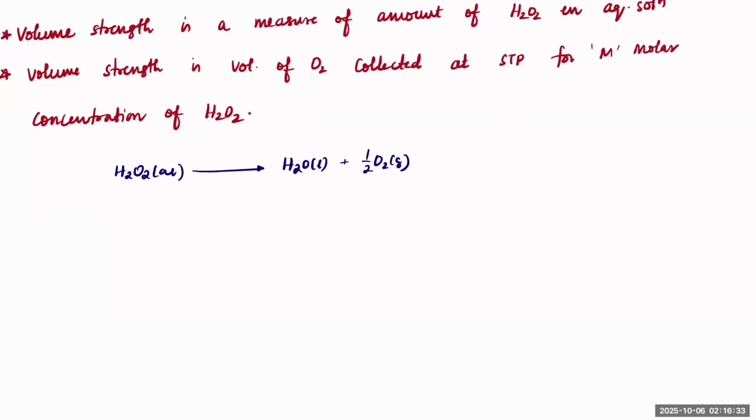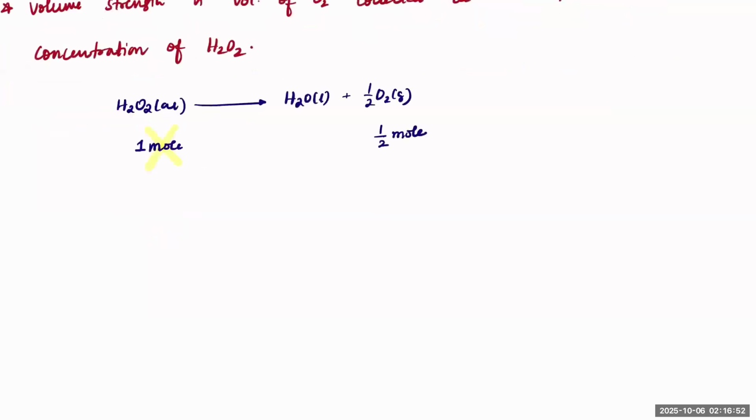Imagine I take 1 mole of peroxide here. Then how many moles of O2 are expected to come out of it if all 1 mole is getting consumed? Imagine all the 1 mole is getting decomposed. So I should get half a mole of O2, isn't it? Half a mole of O2. So now imagine this 1 mole is present in 1 liter.